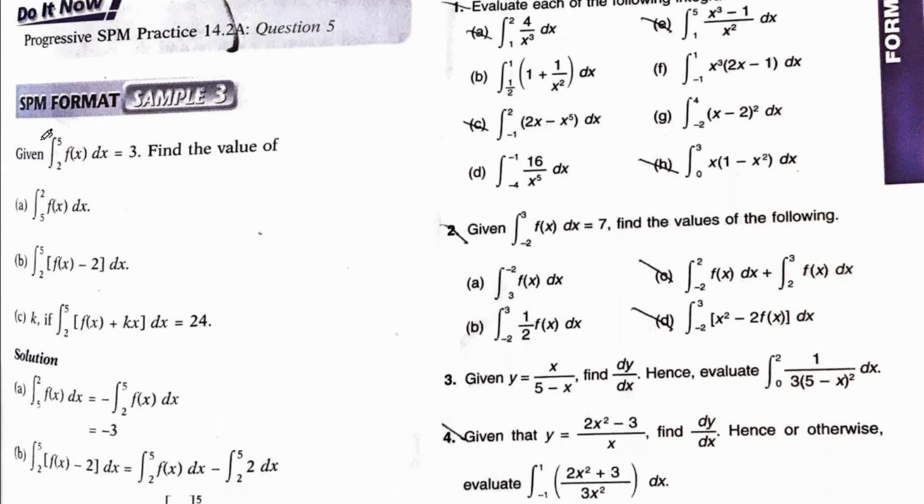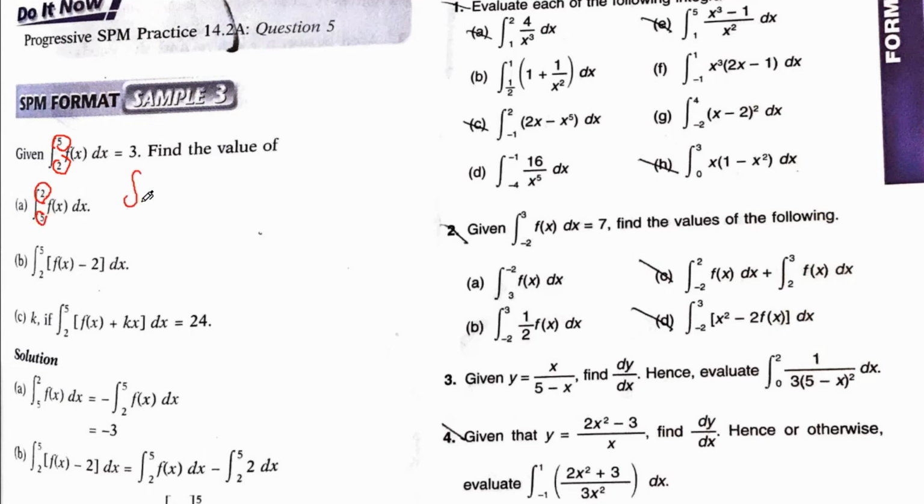SPM format sample 3. Given the integral from 2 to 5 of f(x) dx equals 3. Find the value of the integral from 5 to 2 of f(x) dx. The question gives you from 2 to 5, but here is 5 to 2.